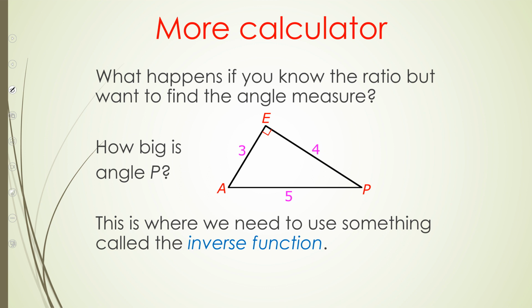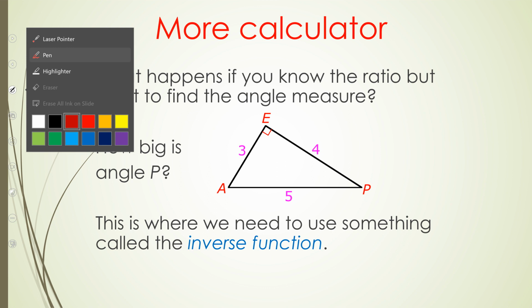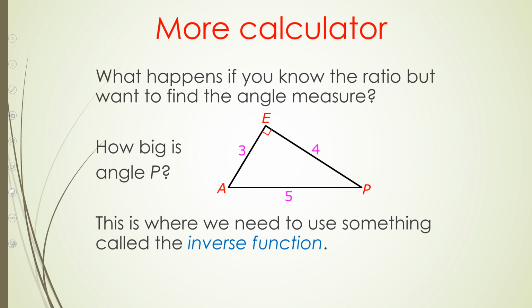We're going to solve for that later. Now, on Wednesday, when you're working on some of this homework, when you get to these problems where you're looking for the angle measure, you're going to be stuck a little bit. You're not going to know how to do it. That's okay. We'll pick up where we left off on that material when I come back.